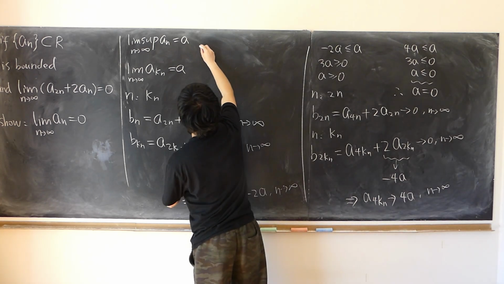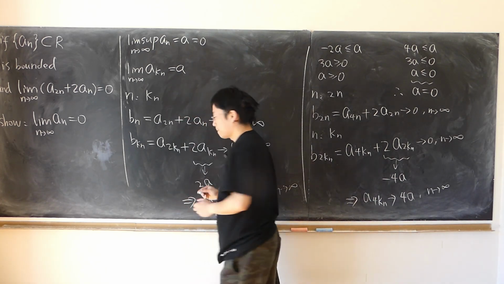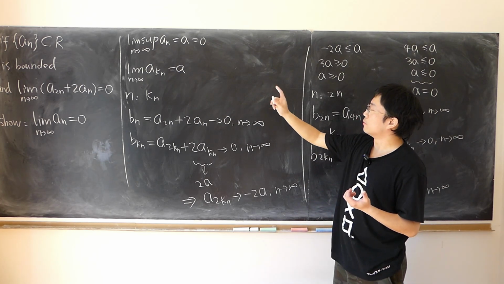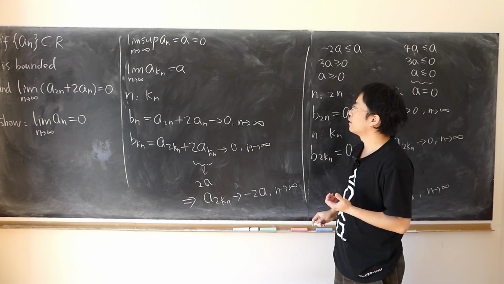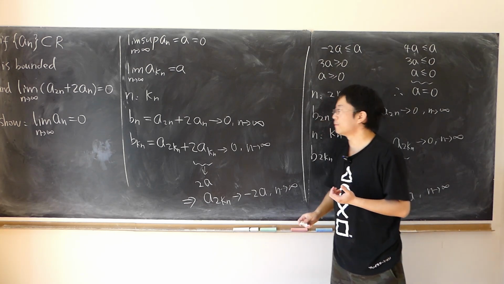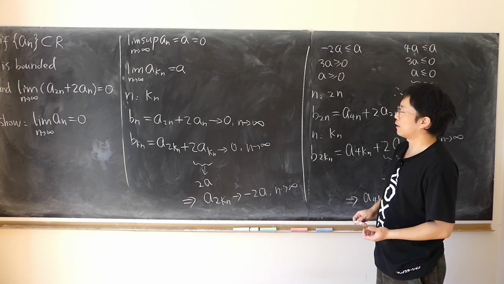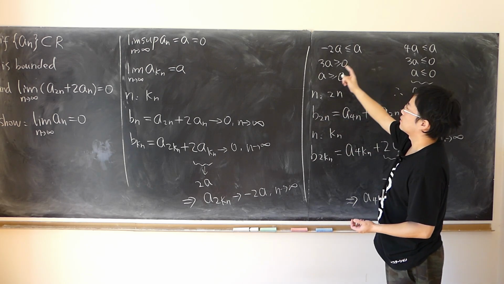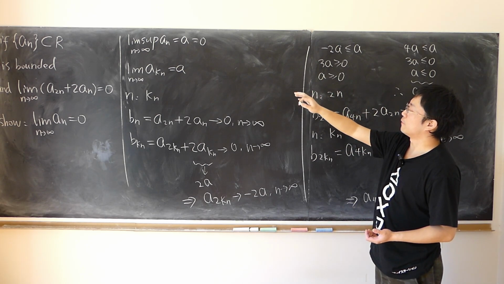Lim sup. And of course, next I'll do the lim inf, following the same procedure. The only difference is that perhaps I change the direction of the inequality, because next time I use lim inf.